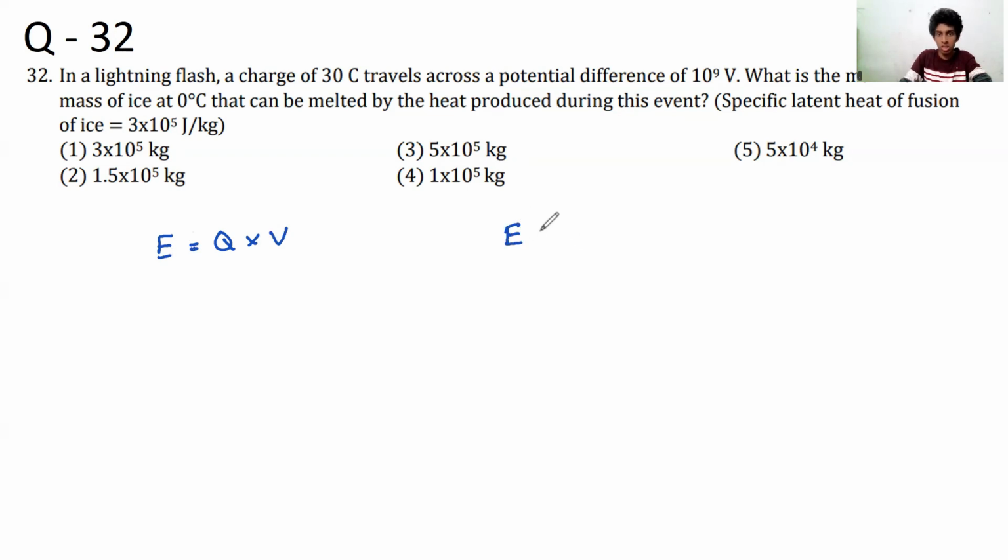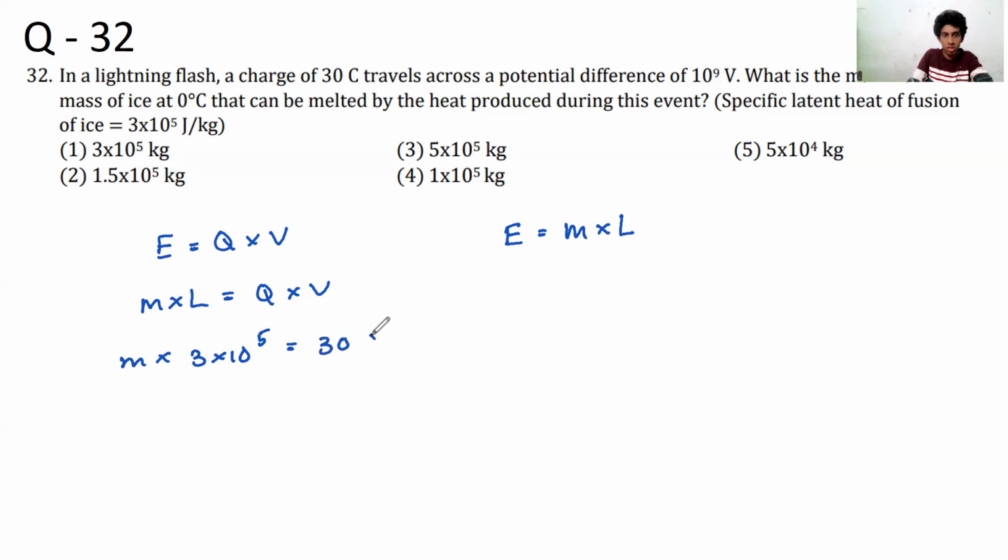So then E is equal to M into L. M is the mass of the ice and L is the specific latent heat of fusion of ice. So when you multiply M by L, it will give the amount of heat energy required to melt the ice. So we can replace E by M into L, that is equal to Q into V. So M into the latent heat of fusion of ice, 3 into 10 to the power 5, is equal to Q, which is 30 coulomb, and the voltage is 10 to the power 9 volts.